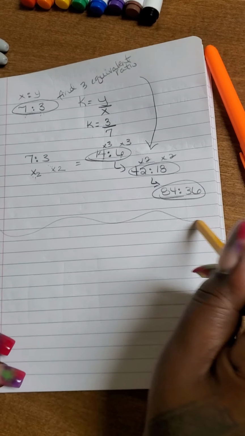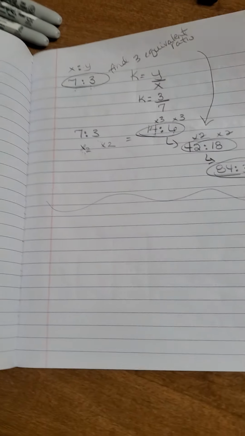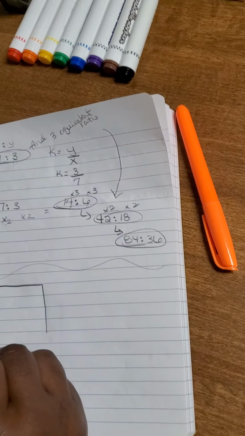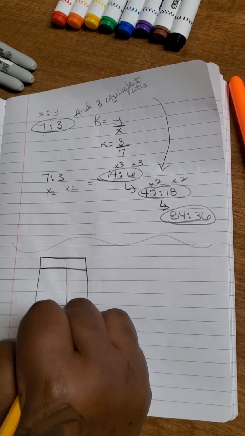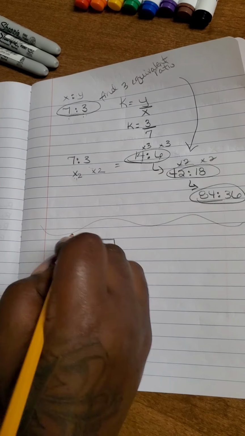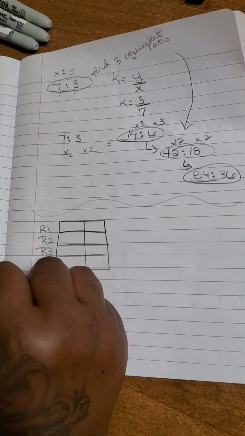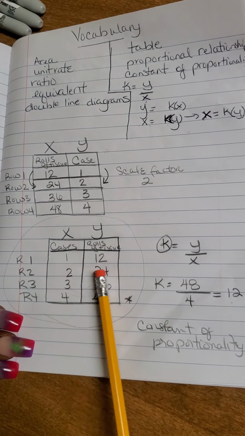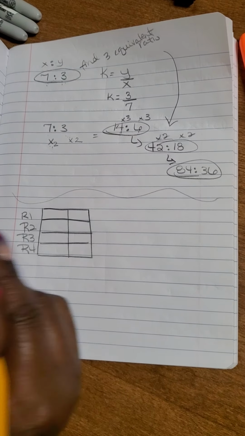Okay? Also as well, let's pull these numbers out of this table. Now, just for the sake, I'm not going to write the title. I'm just going to write the rows. So you have row 1, row 2, row 3, and row 4. So just so you can see, row 1 was 1, 12, 2, 24, 3, 36, 4, 48. I'm going to say it properly once I get to the next page.